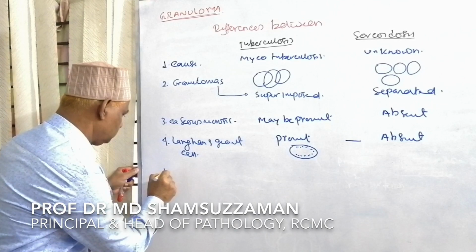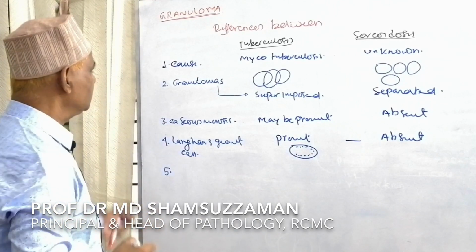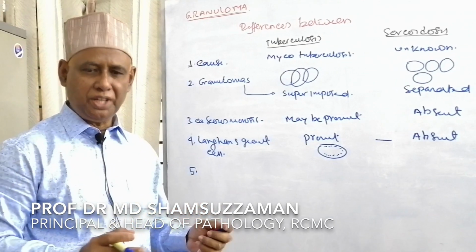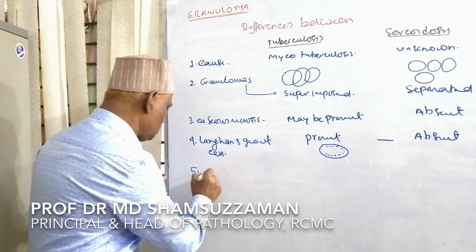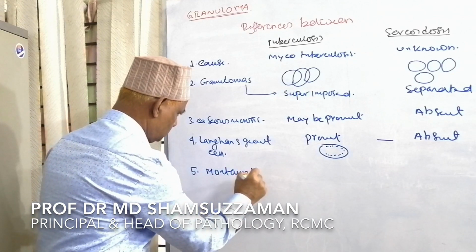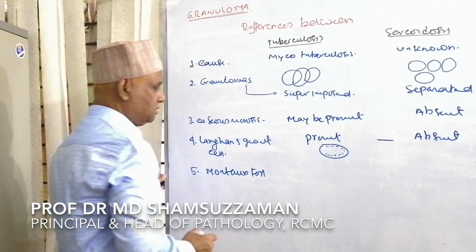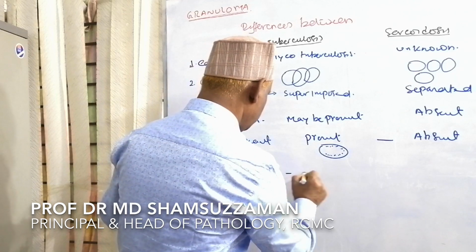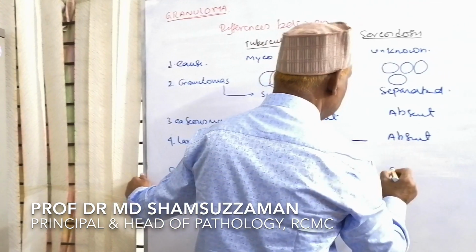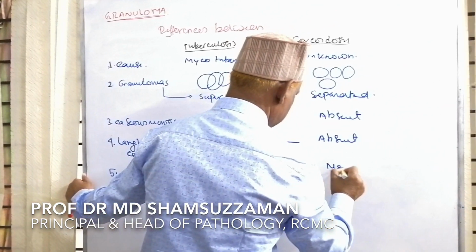Another, if we do a sensitivity test for tuberculosis, we do the Mantoux test or tuberculin test. The Mantoux test or tuberculin test is positive in tuberculosis and negative in sarcoidosis.